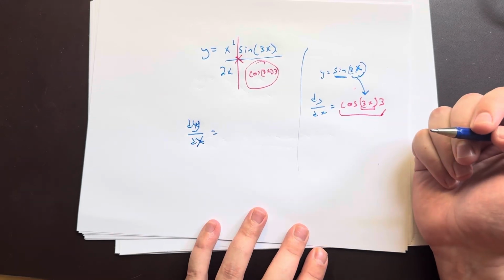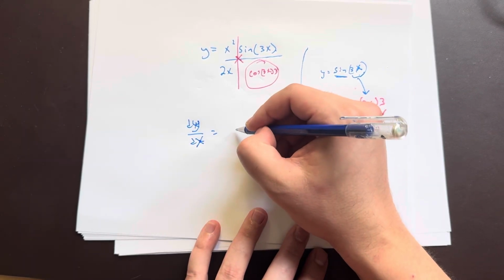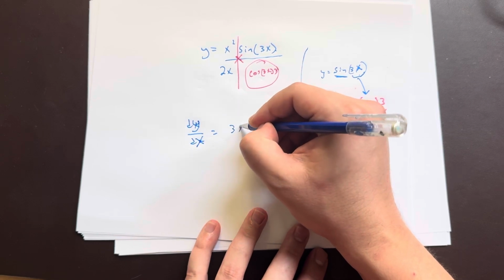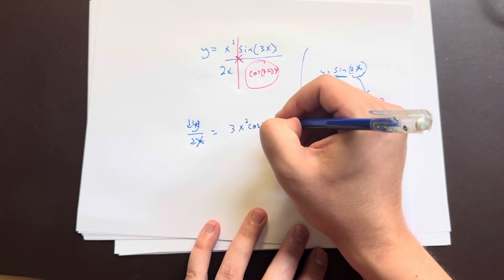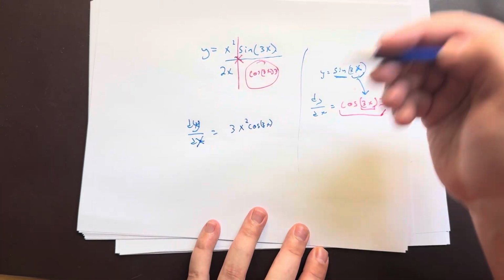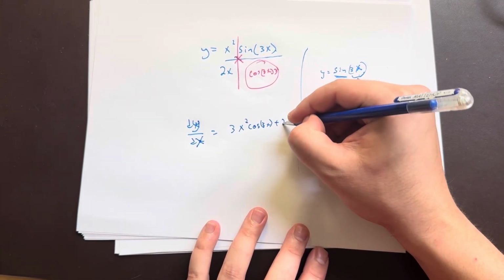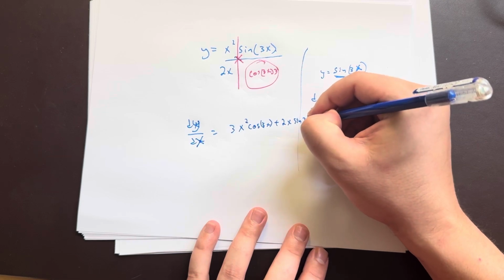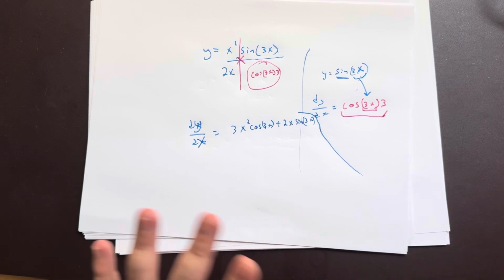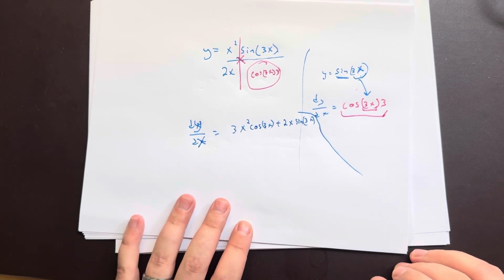It might be one of the worst dy/dx I've ever done. Who cares? And I'm just going to do 3x squared cosine 3x. All these are being multiplied together, so I can put them in any order. Plus 2x sine 3x. Let's put a little line there just so it's explicitly clear.